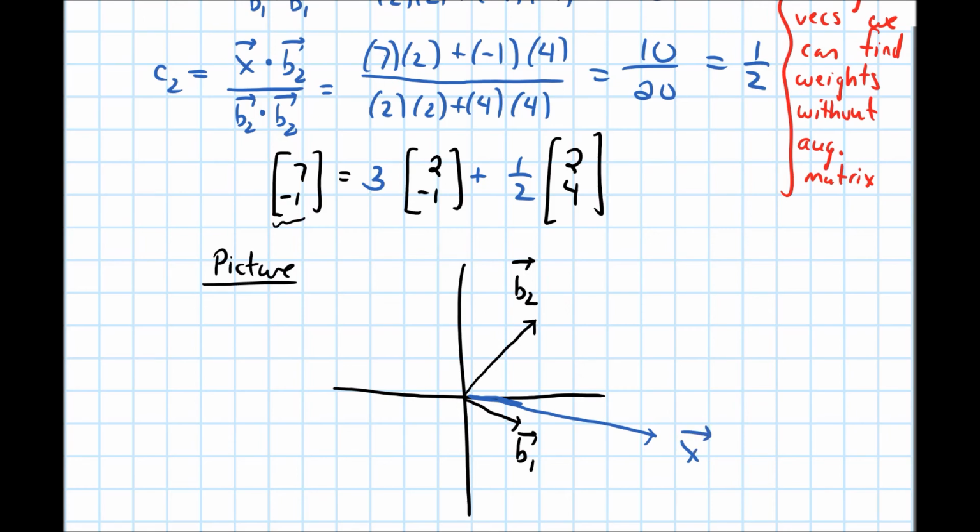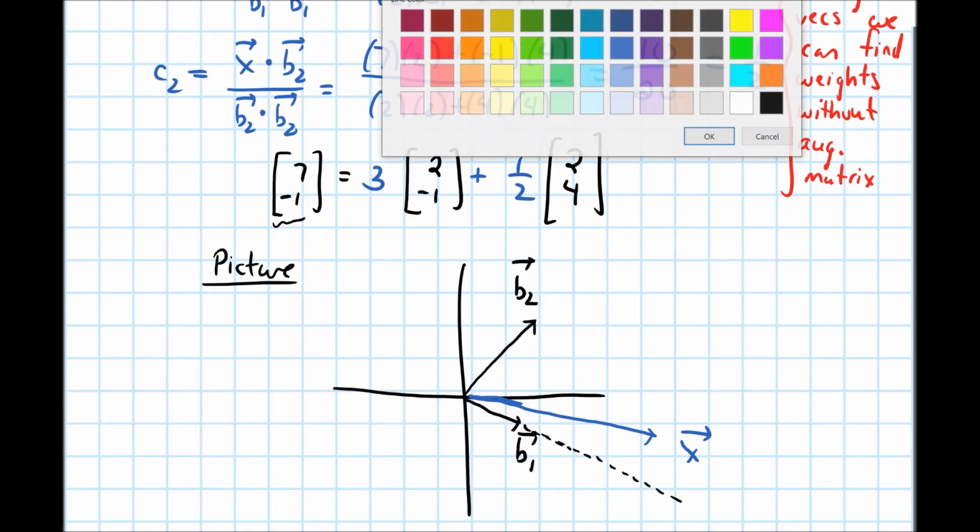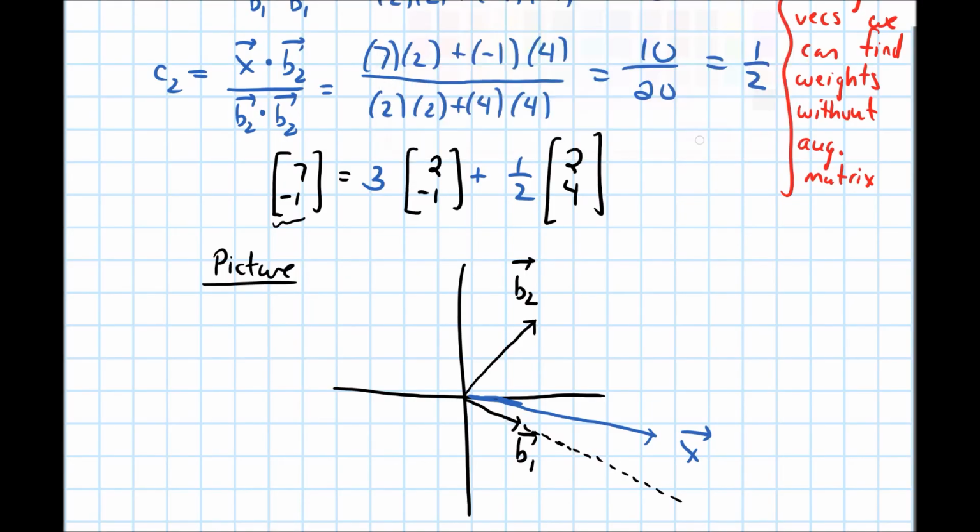So what is happening here is, if we extend the direction that b1 is on with this dashed line, and then draw perpendiculars from where x is to this line that b1 is on, and to this line that b2 is on, the length of this segment here is 3b1.